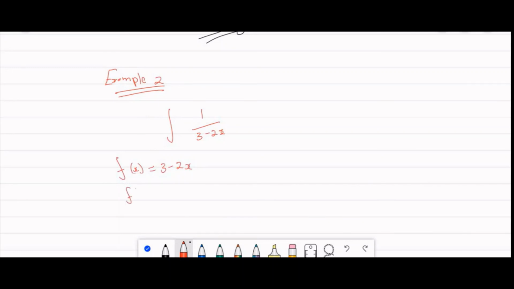Then our f prime of x will be equal to negative 2. So now we can say an integral of negative 2 over 3 minus 2x. To make it the same as this, we need to put a negative 1 over 2.